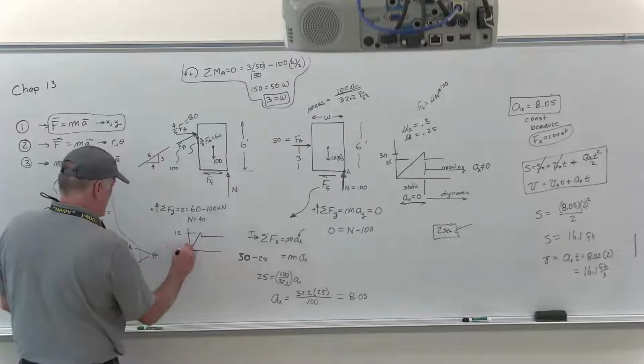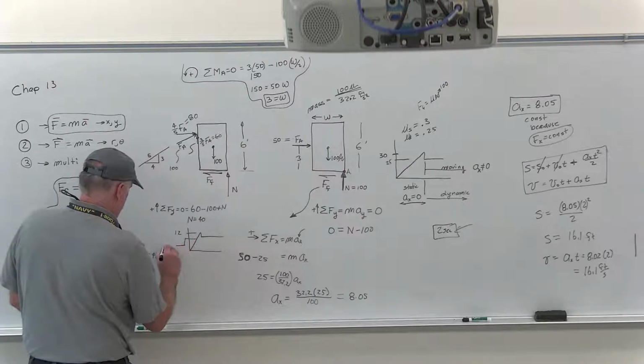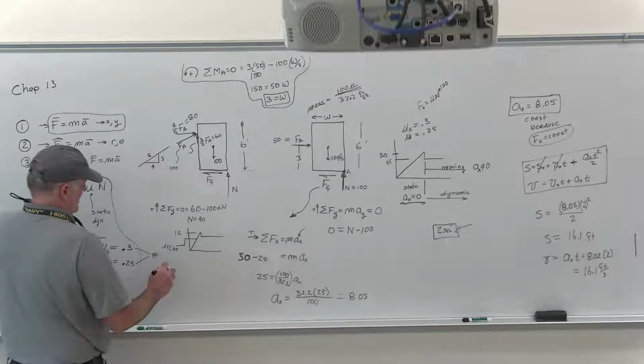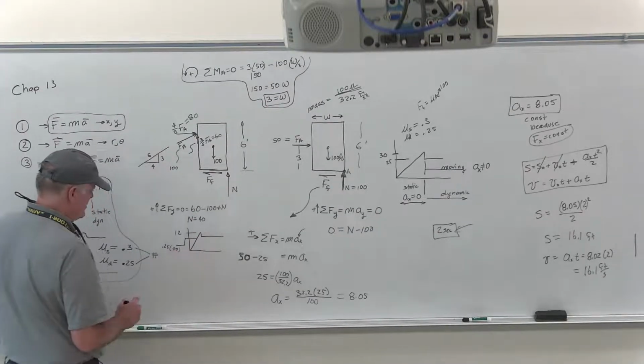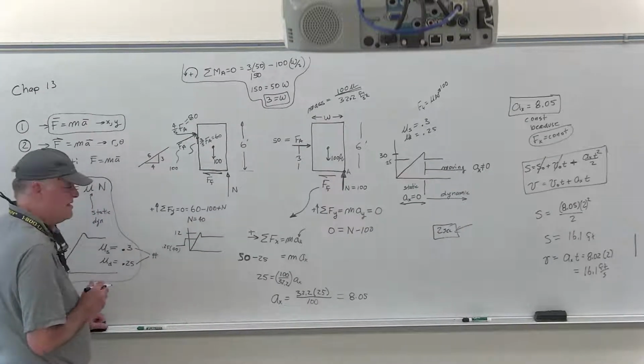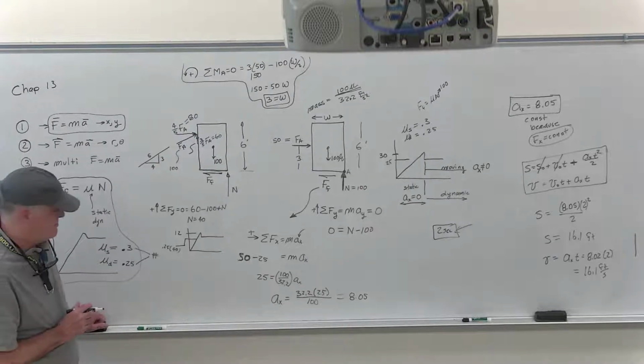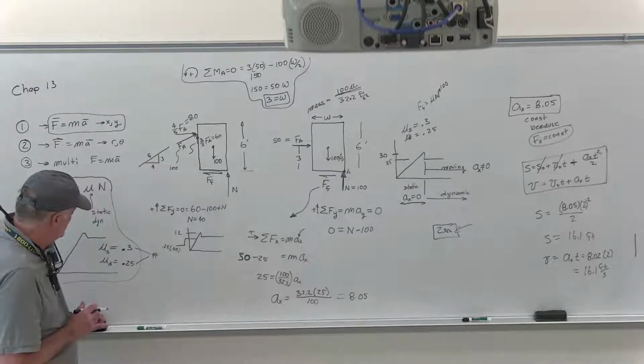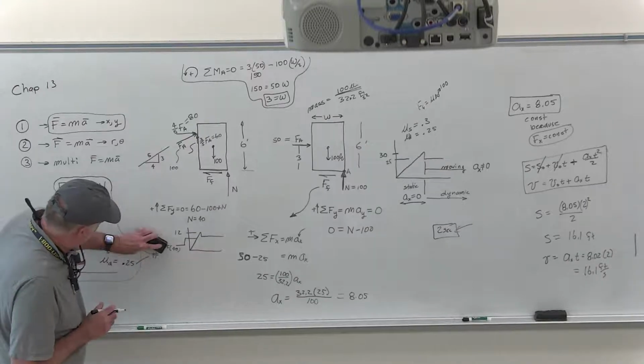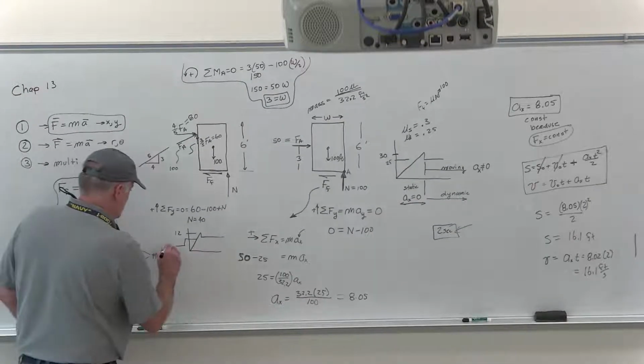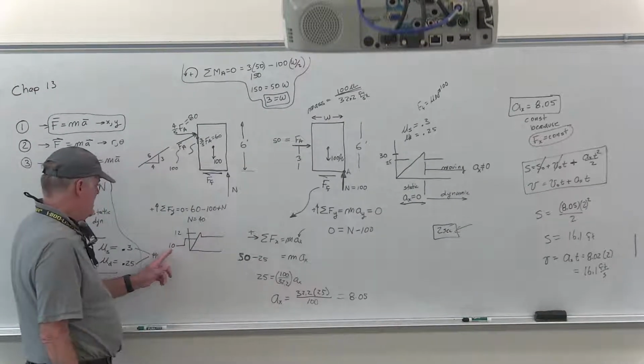And 0.25 times 40 is 10, I think. So I got 10 pounds and then 12 pounds.